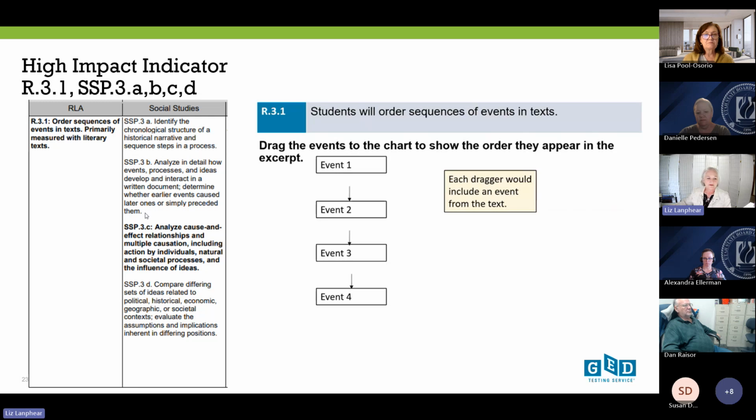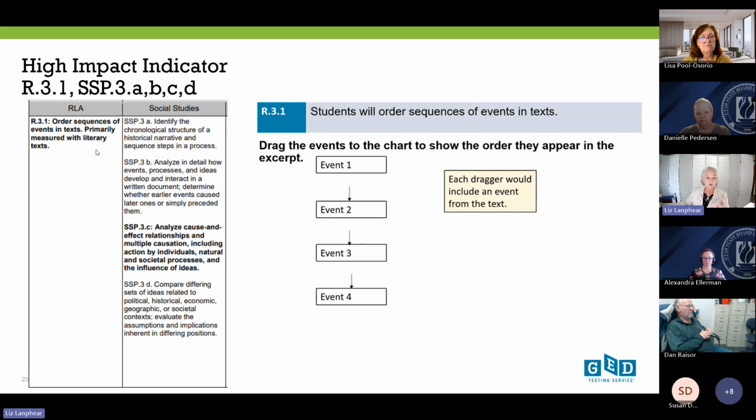So in social studies, they have to identify chronological structure of a historical narrative, analyze in detail how events and processes and ideas develop and interact with a written document, analyze cause and effect, compare differing sets of ideas. And in RLA, they're ordering sequences of events and texts.